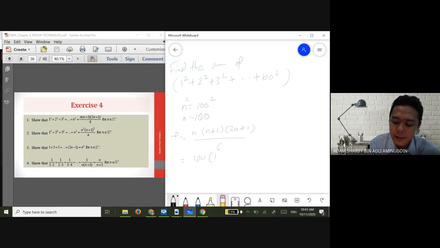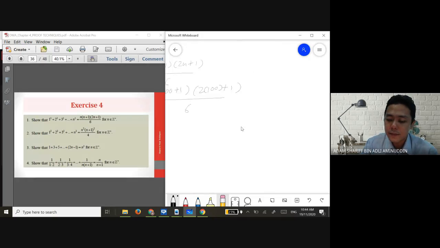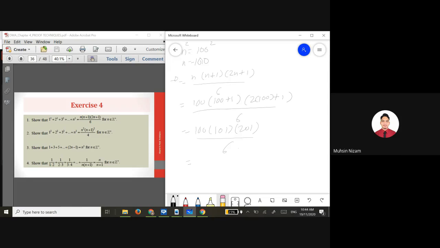100 times 100 plus 1, times 2 times 100 plus 1, over 6. Becomes 100, 101, 201 suppose, over 6. Yang ni you boleh masuk kalkulator, dapat jawapan dia. 338,350.